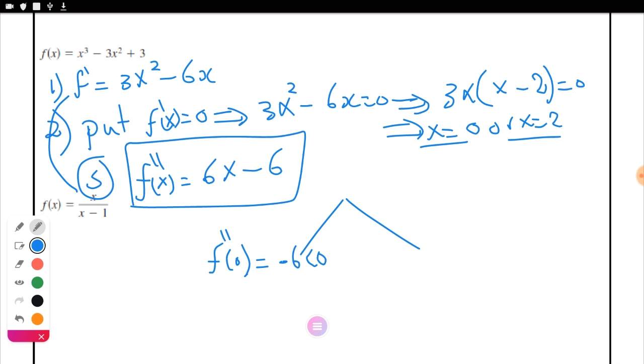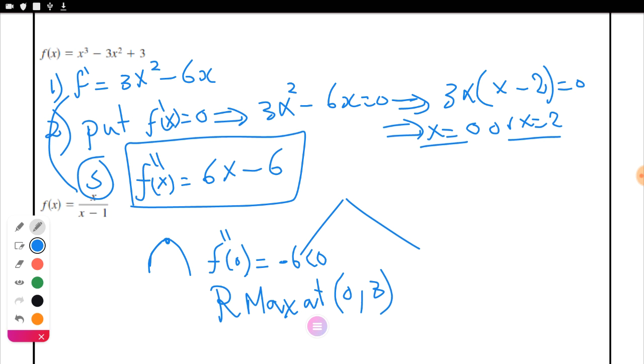It means it is concave upward or downward? It is concave downward. This means we have a relative maximum at x equals 0. Replace 0 in the original function to find the y coordinate of this extremum. It will be 3.